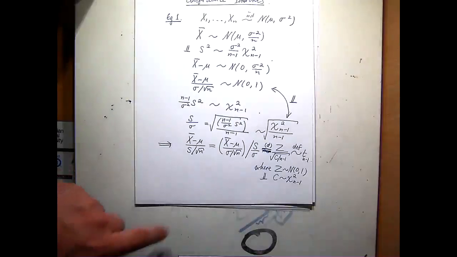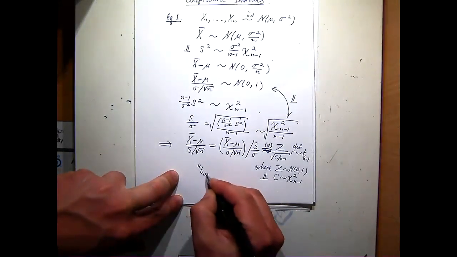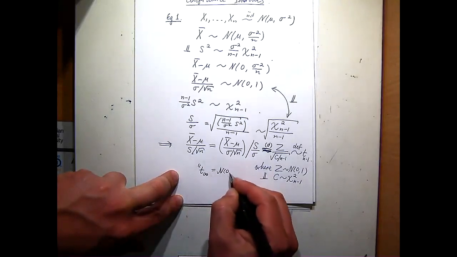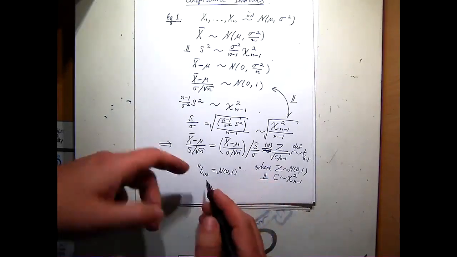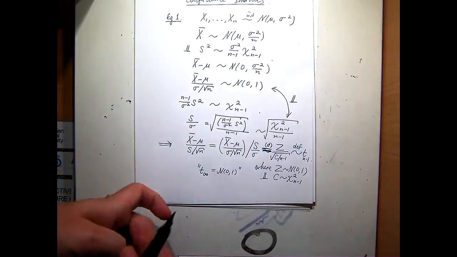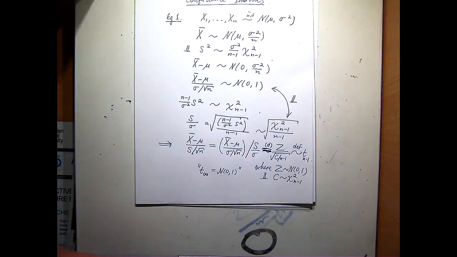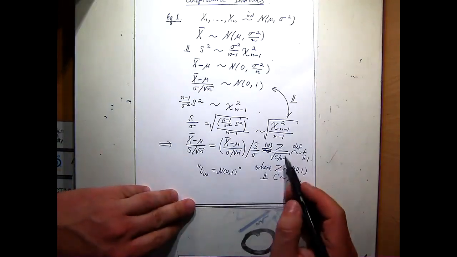Now let's just think about that. Why? That's effectively saying that a t infinity is the same as a normal 0, 1. That's true in the sense that the limiting distribution of a t distribution is normal 0, 1, as we already talked about. Now, why is that the case?